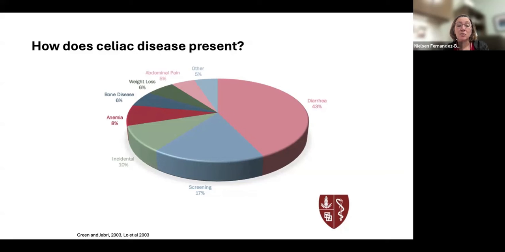Some of those patients we find incidentally, when we're evaluating something different and stumble upon signs and symptoms of celiac disease. A huge chunk of patients we also pick up because we screen first-degree relatives of patients with celiac disease, and many of those patients do not have symptoms.